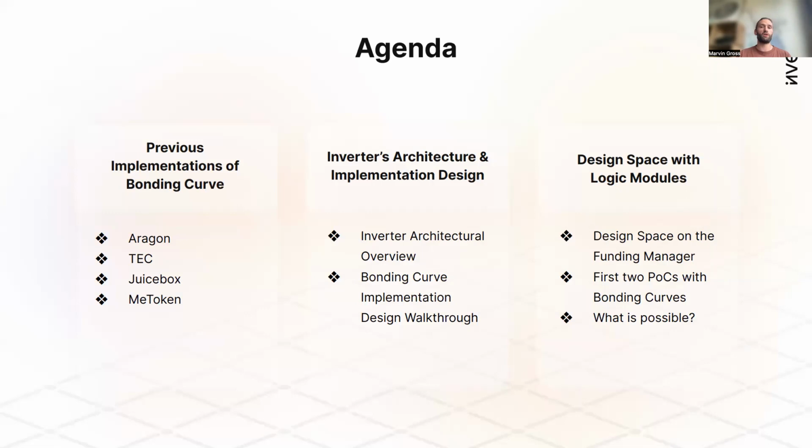One, we go briefly over previous bonding curve implementations, understanding what functionalities have been implemented in the past and what we can learn from them. The next point is a walkthrough of the Inverter's architecture and our bonding curve implementation. And then lastly, we transition towards the design space that our implementation opens up in tandem with the Inverter logic modules, and open up the floor for feedback and questions.